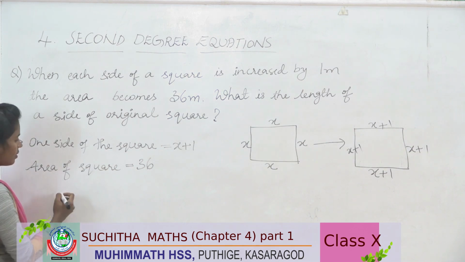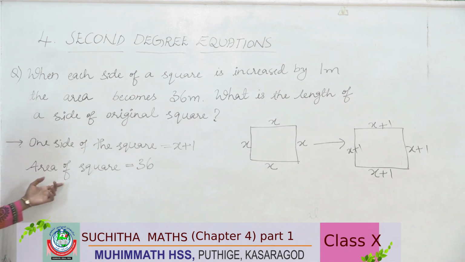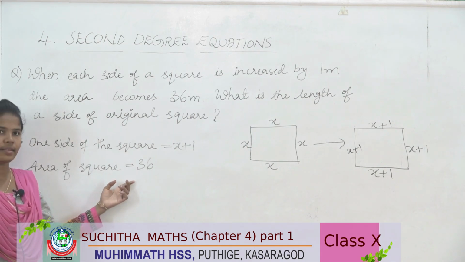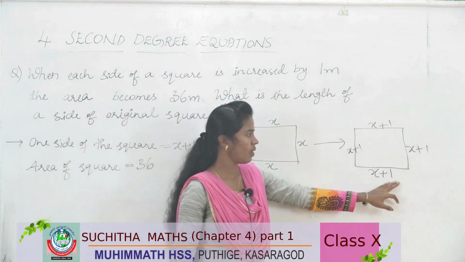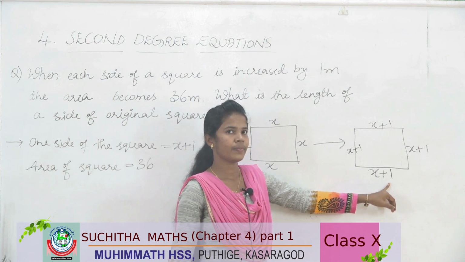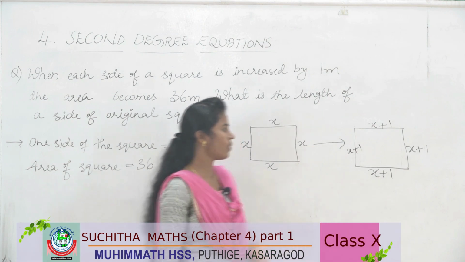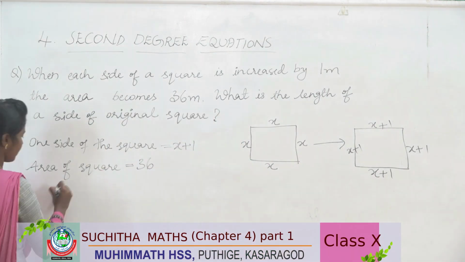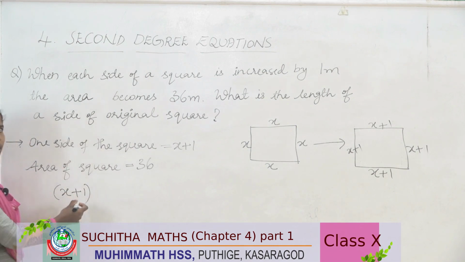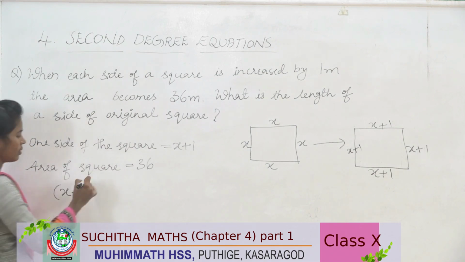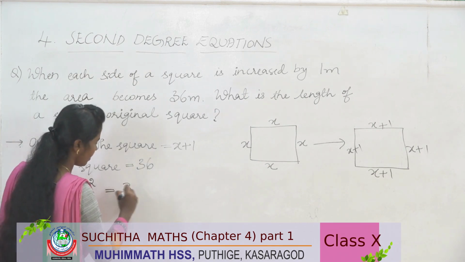Area of a square is square of one side. Then what is the area of this square? Square of each side. That is x plus 1 whole square. Here one side of the square is x plus 1. So area is x plus 1 whole square equal to 36.